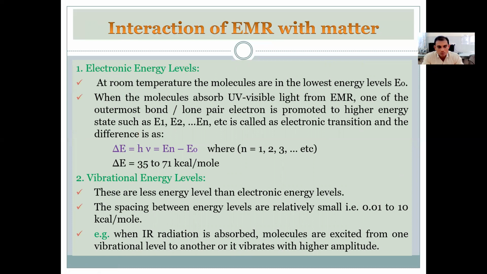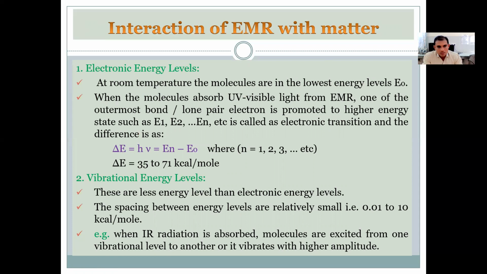When the molecules absorb some kind of energy, electromagnetic radiation, which is UV visible light ranging from 200 to 400 nanometers, one of the outermost bonding or lone pair electrons is promoted to a higher energy state, such as E1, E2, and so on. It is called electronic transition. The difference is delta E equal to h nu equal to En minus E0.